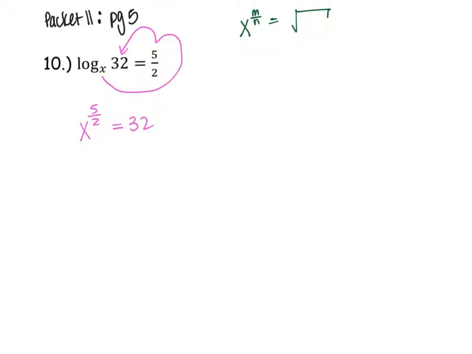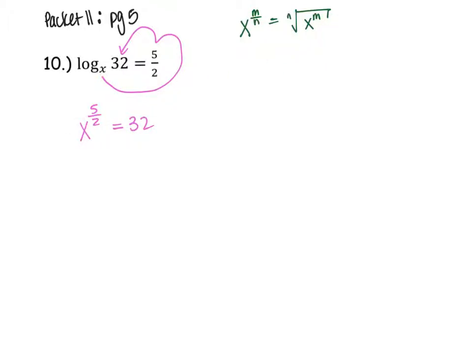For this m over n, the denominator tells us our root. So n is our root, so that goes outside. And m is our exponent, so that goes inside. We learned this a few chapters before this. So that's how you can convert from a power to a root.